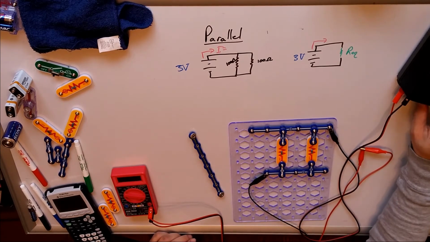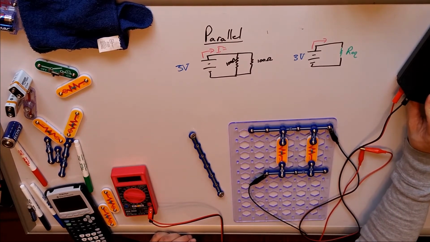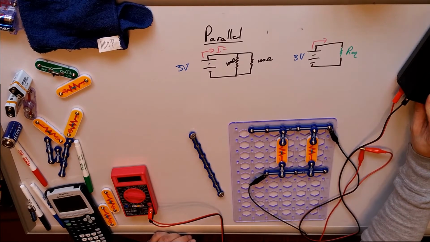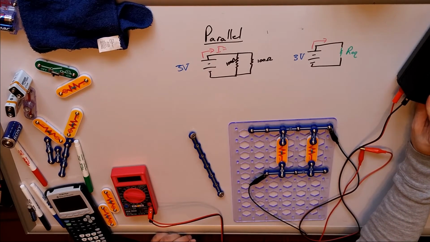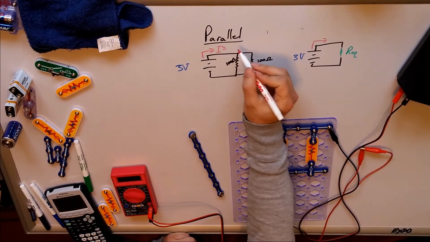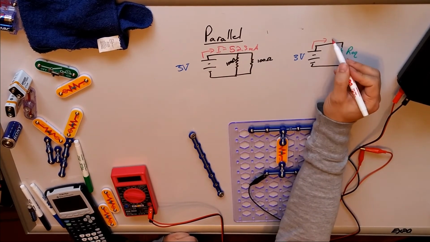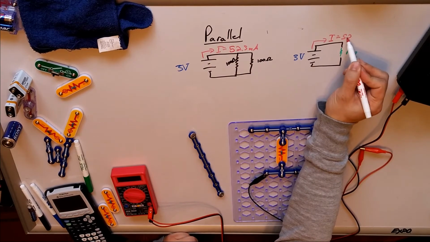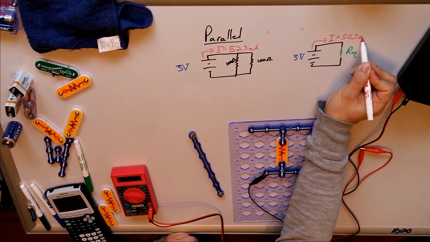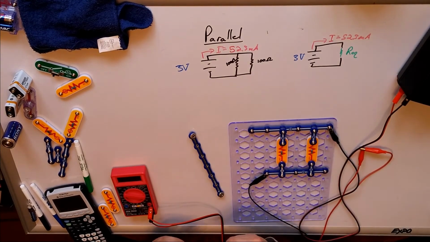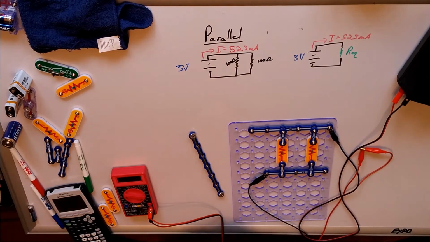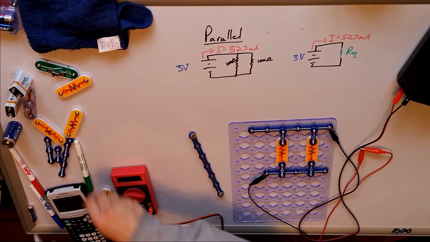So here we go. 3 volts. I'm going to turn this on. We get 52.3 milliamp. All right, we go through and we find our equivalent resistance for this.